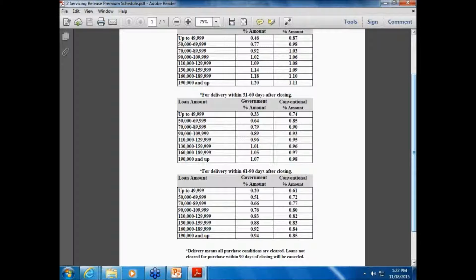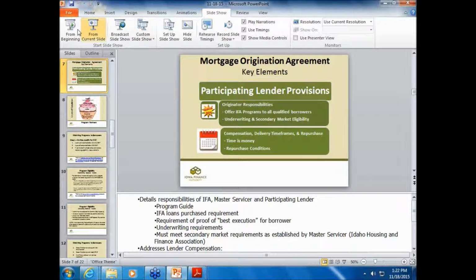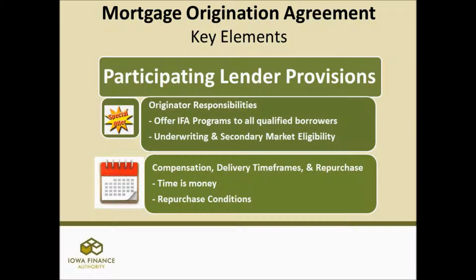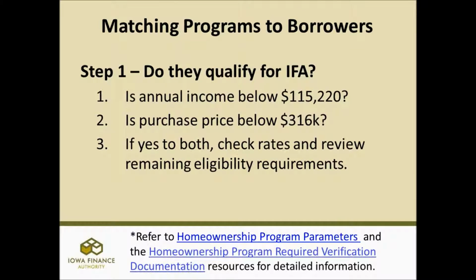The other thing, and we can go back to the training slide. Thank you, Beth. The other thing to be aware of in the mortgage origination agreement is that it does allow the lender to charge up to a 1% origination fee. It does not require that that fee be charged, but that is meant to be combined with the servicing release premium, the total compensation for the lender's role in underwriting and originating that loan.